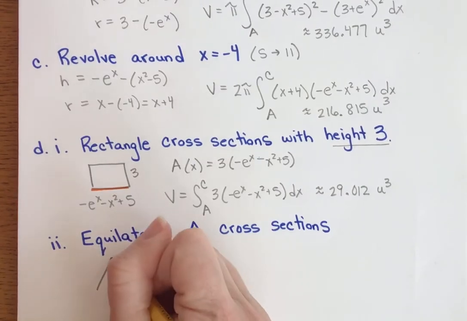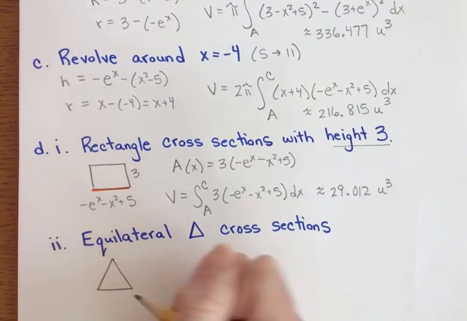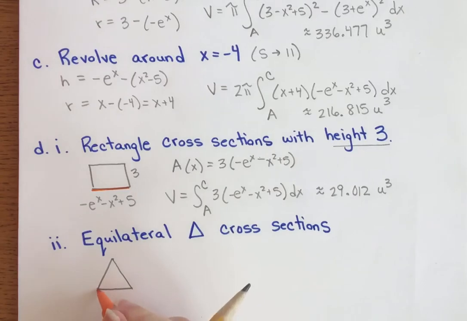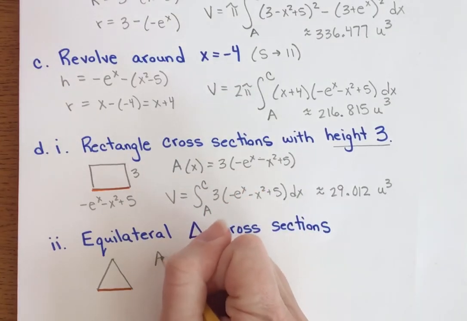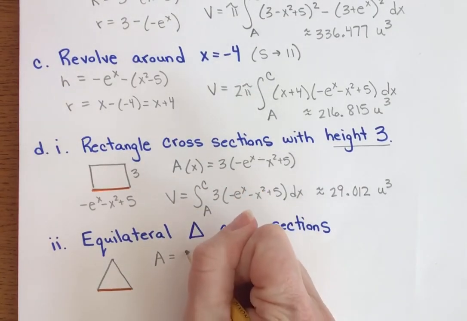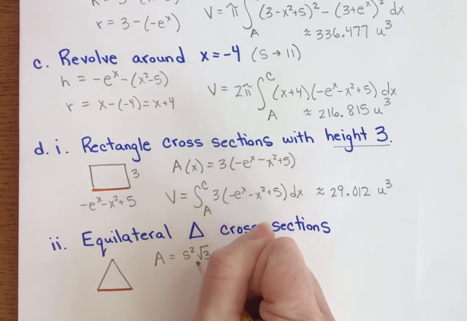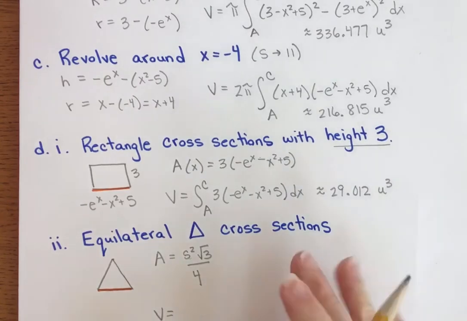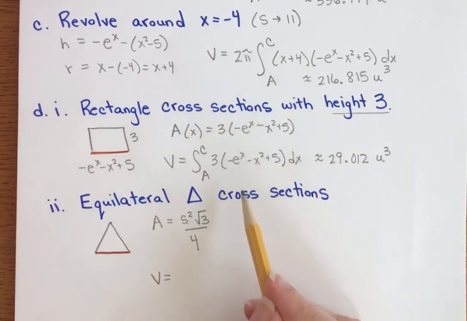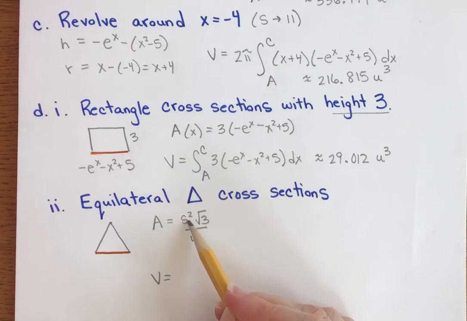Last but not least, equilateral triangle cross sections. Oh, good old geometry. So when I have an equilateral triangle, my base is in the xy plane. Hopefully you either know or looked up somewhere that area of an equilateral triangle is s squared root 3 over 4. We call it our 2, 3, 4 formula. Now you'll notice this is almost identical to what we just did because we just had our side, but now we're going to need to square it.